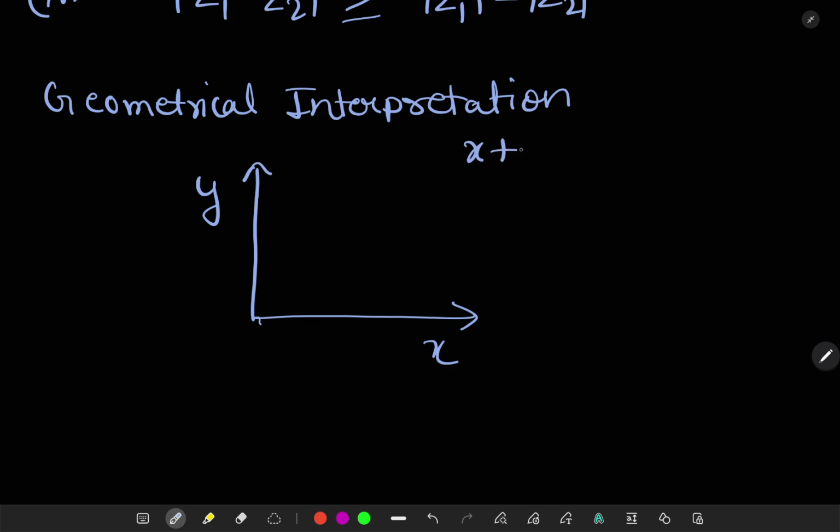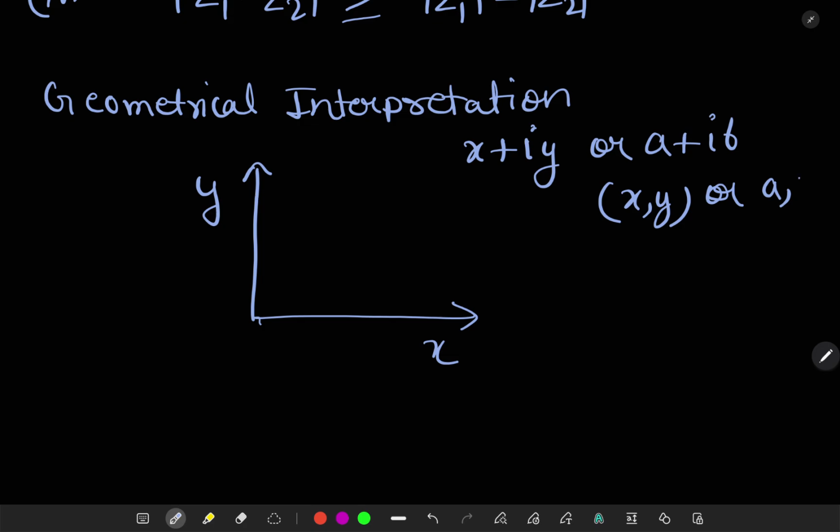For geometrical interpretation, x plus iota y or a plus iota b may be written as an ordered pair x comma y or a comma b, and represented as a point in the xy plane. This is the Argand diagram or complex plane.